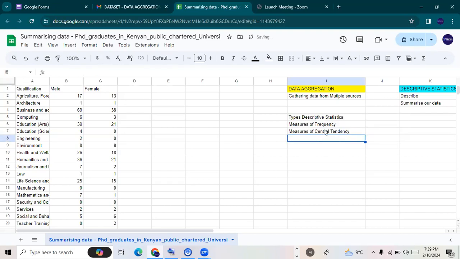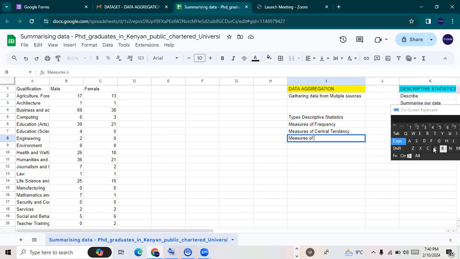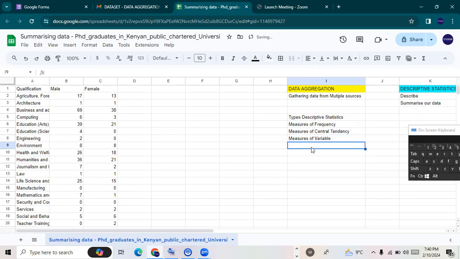And the third is measures of variability. All of these have ways of being established on data to describe and summarize it.